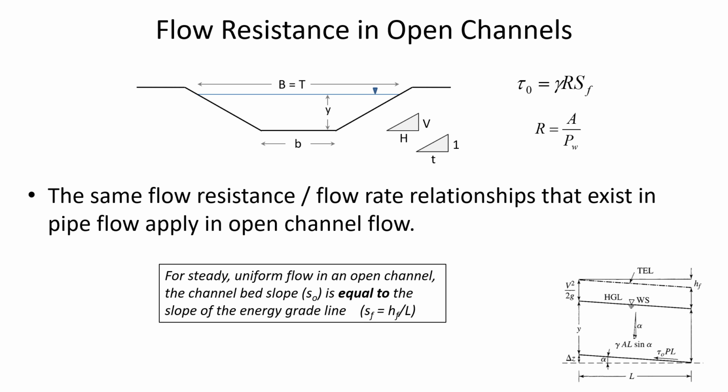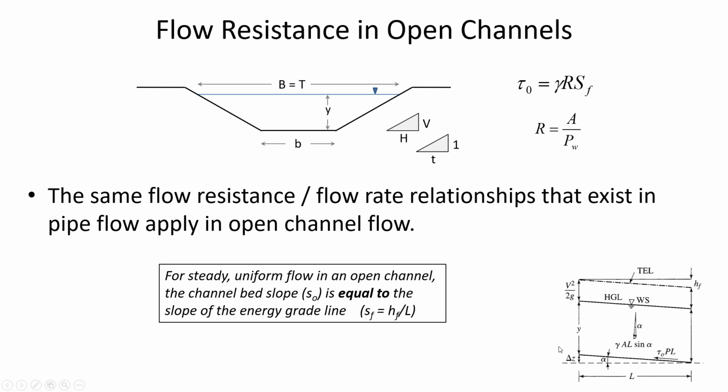Okay, good. So when we have steady and uniform flow, steady meaning that the flow conditions aren't changing over time, and uniform meaning there's no disturbance like a log at the bottom of the river, nothing that's causing the velocity or depth to change in the direction of flow, then the three slopes that are important to us are all parallel to each other.